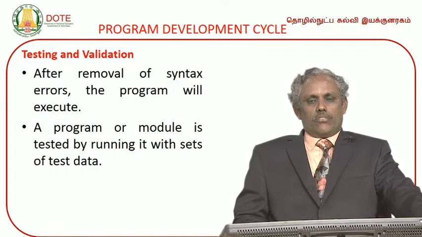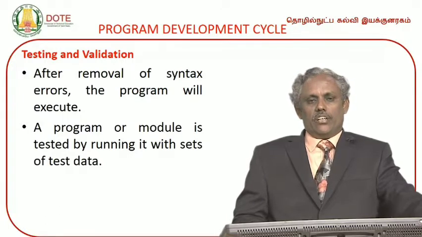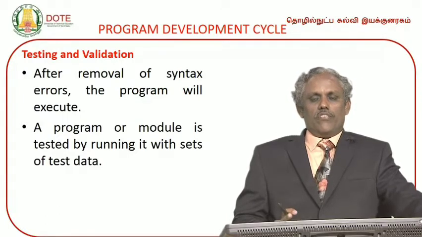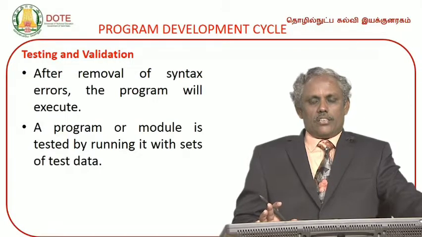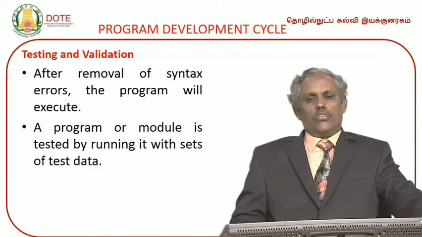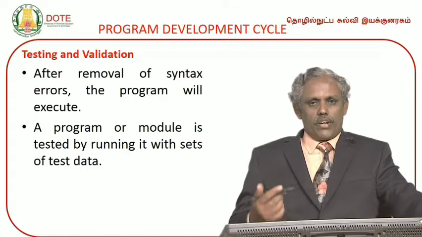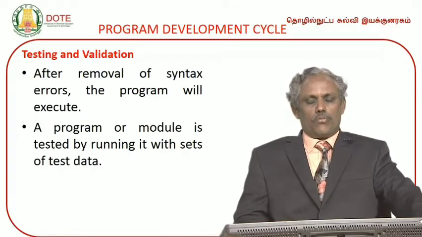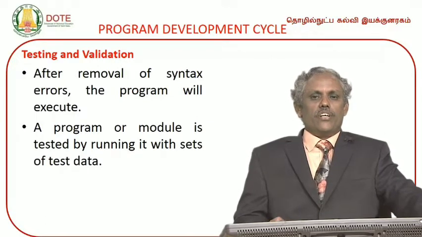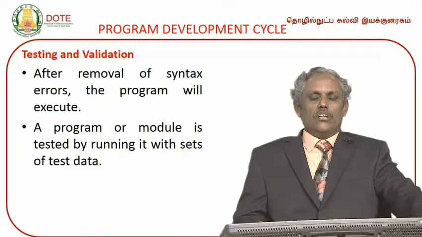So, another stage of the program development is testing and validation. Initially we analyze and understand the problem, and find an algorithm to solve the problem. Based on the algorithm, the programmer writes the instructions or a program and compiles it and rectifies the syntax errors during compilation.